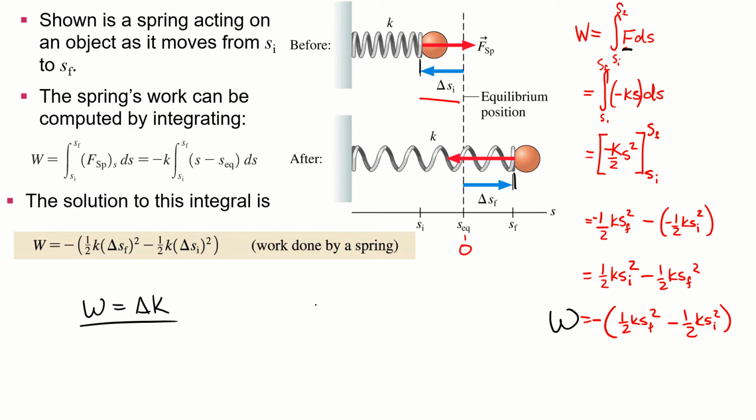So the work done by a spring that has been compressed or stretched is a very useful tool to help us analyze problems that would be very difficult using just Newton's laws.